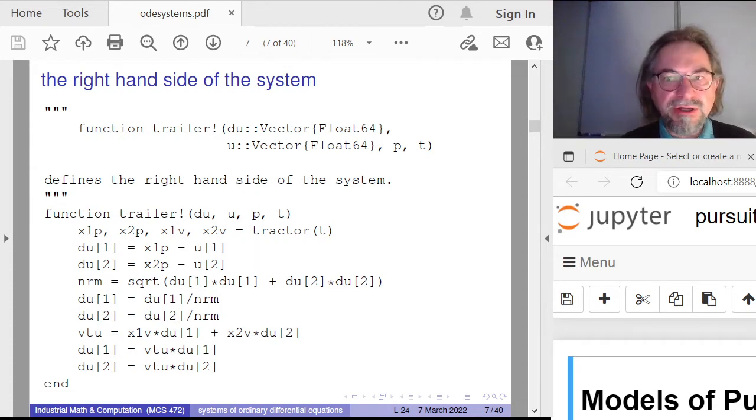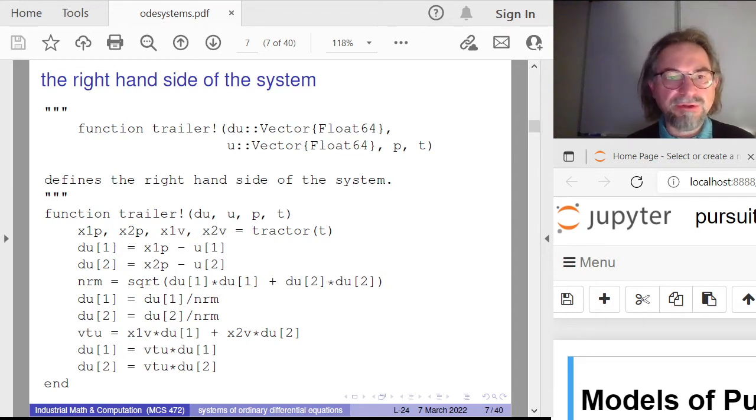So the first argument will define what is the derivative, what is the left hand side of the differential equation, so the du, given the current position of the trailer. Then there is the parameter p that we won't be using here, and the independent variable t.